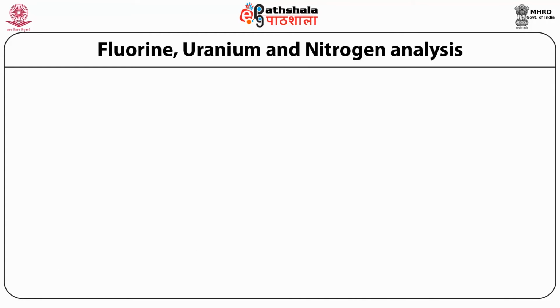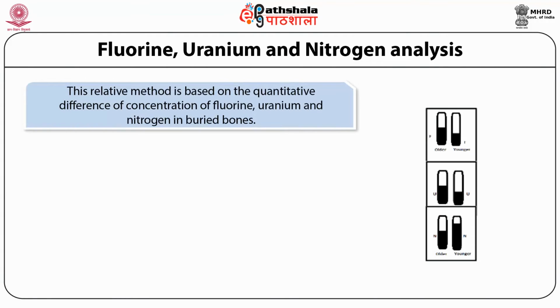Fluorine, uranium and nitrogen analysis. This relative method is based on the quantitative differences in the concentration of fluorine, uranium and nitrogen in buried bones.